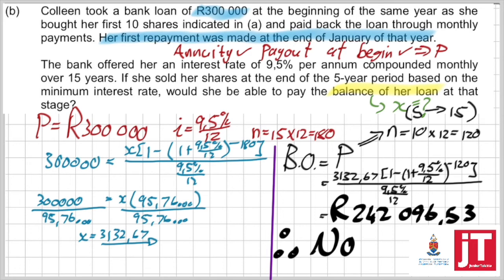Ladies and gentlemen, what a gorgeous exam question. Definitely the most difficult one I've seen in the past 5 to 10 years. Beautiful, beautiful, beautiful. I encourage you, if you struggled with this one, that's normal.